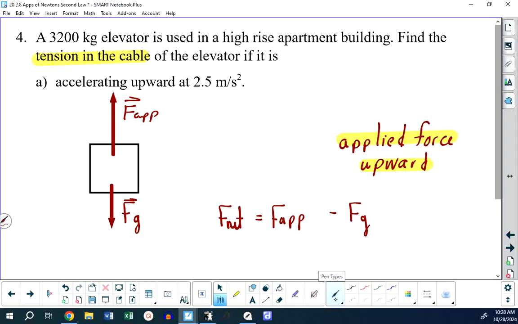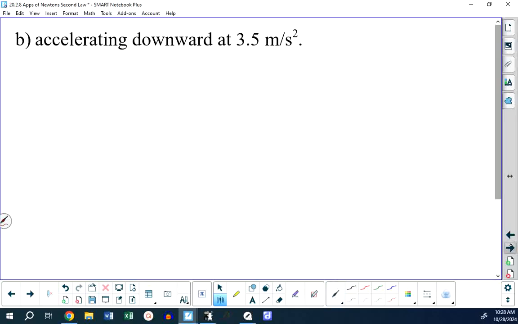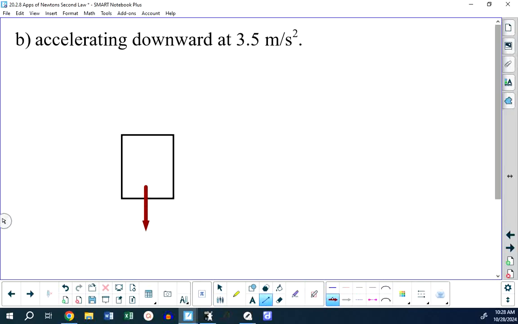What does it look like in B if the elevator is accelerating down? Well, if the elevator is accelerating down, you have that force of gravity, you have a smaller applied force upwards.